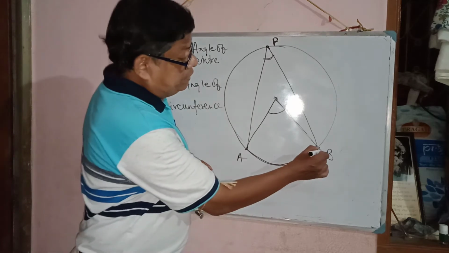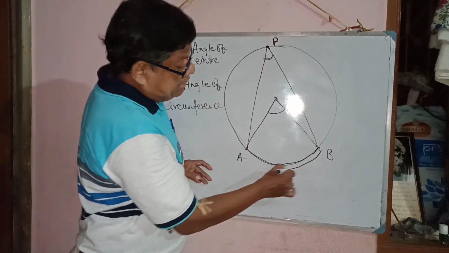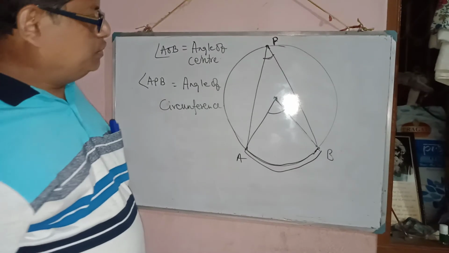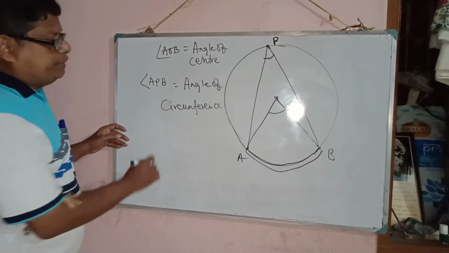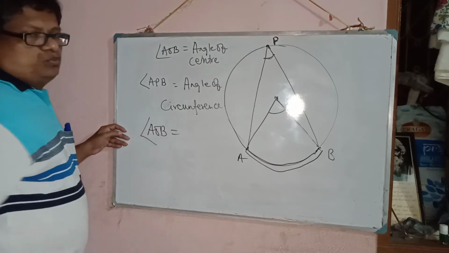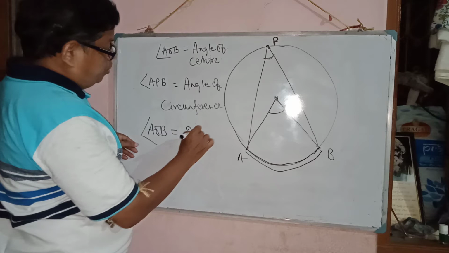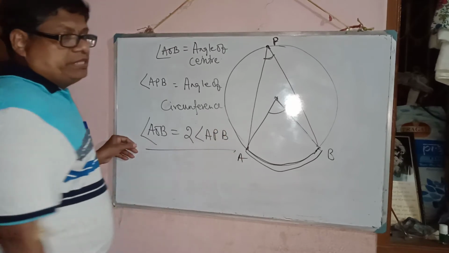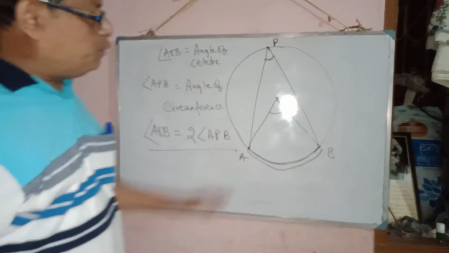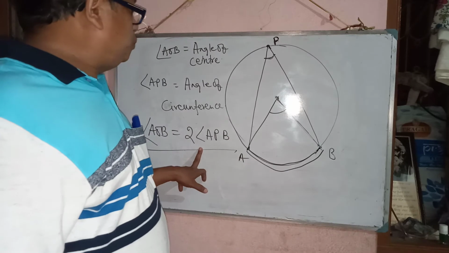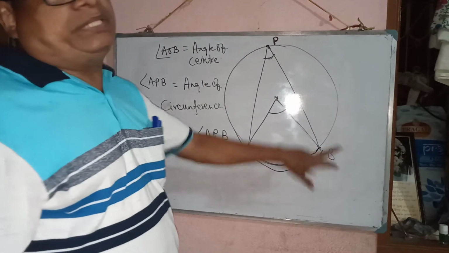We are considering the same arc. So angle AOB equal to twice of APB. Keep in mind, a very important theorem. Angle AOB equals 2 into angle APB.